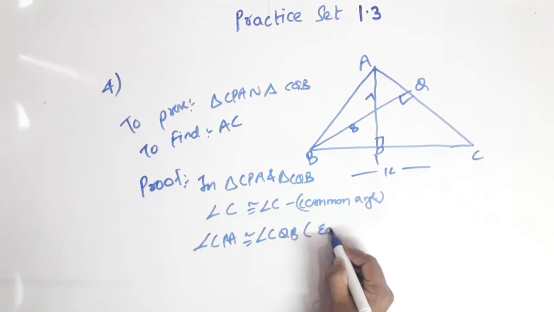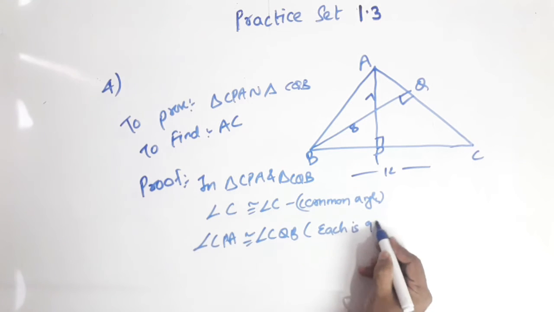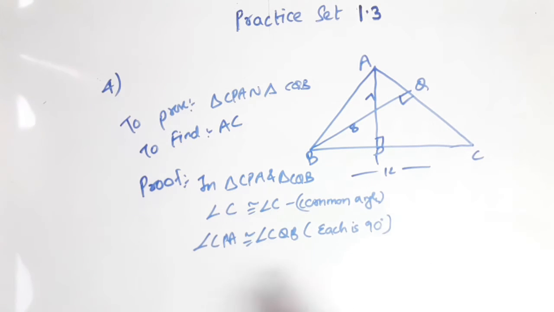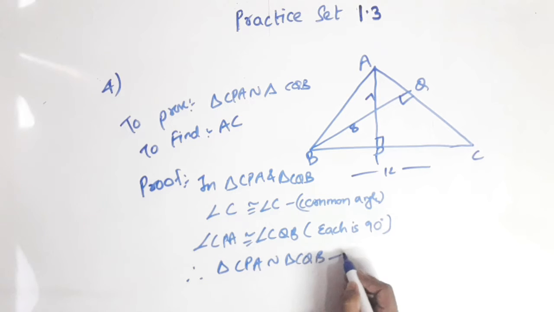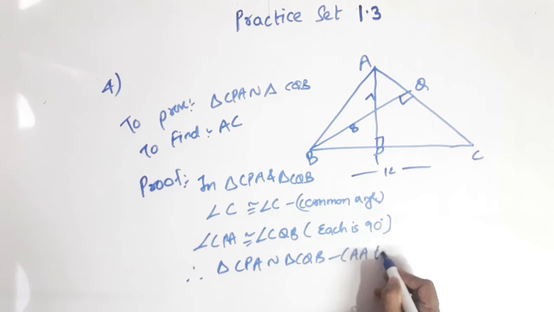Each is 90 degree. Therefore, I can simply write triangle CPA similar to triangle CQB by AA test. Okay, they are similar by AA test.